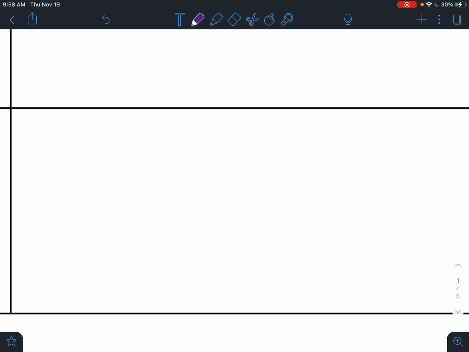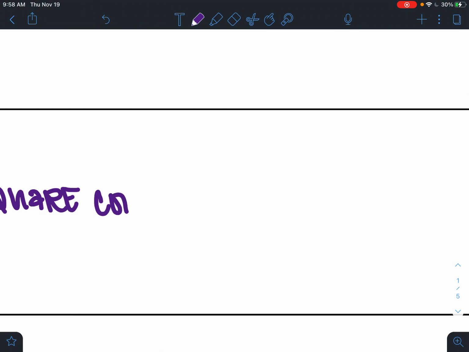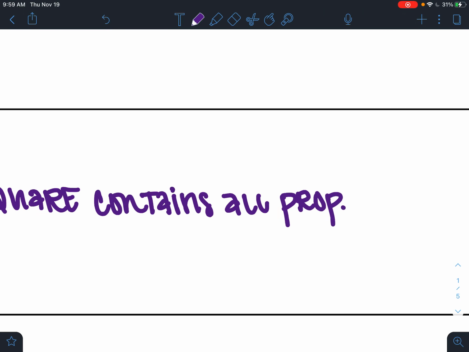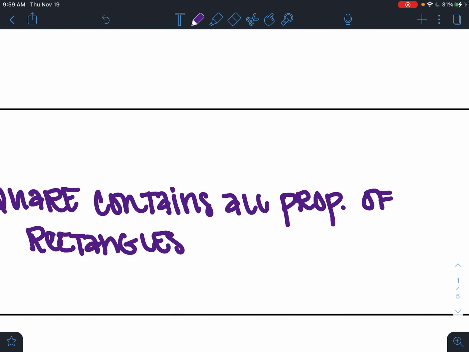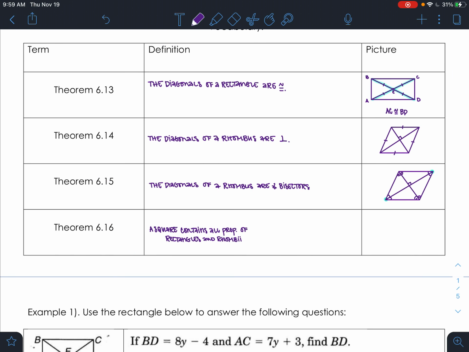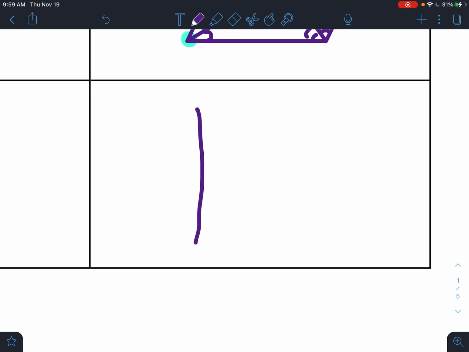It says a square contains all the properties of rectangles and rhombi. So if I draw my square, it has everything special about it.